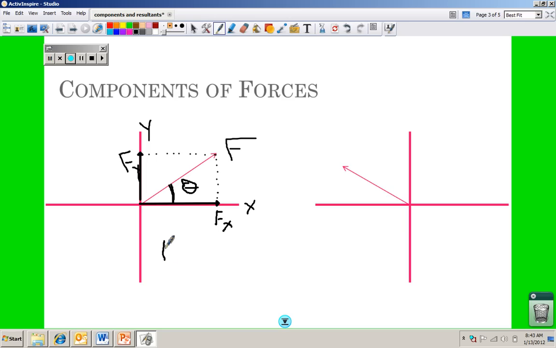So Fx is going to be equal to F times cosine theta. Okay? And Fy will be F times sine theta.